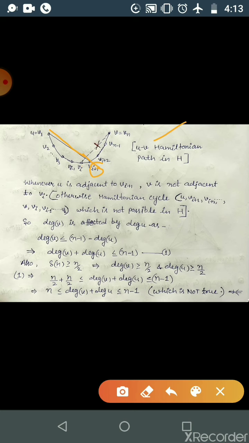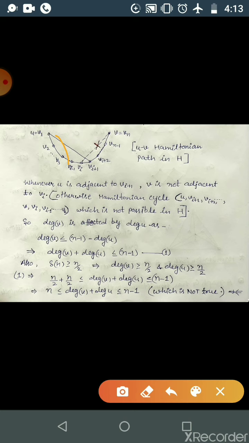Okay, so here we got this, correct? So this is done. And likewise you can consider all the vertices, and this is happening with all the vertices v1, v2 and so on up to v_{n-1} and v_n, because this is not adjacent with v_n, so it is happening up to v_{n-1}. Whenever u is adjacent to v2, it is not adjacent with v1, and if it is adjacent with v3, v1, then it is not adjacent with v2.